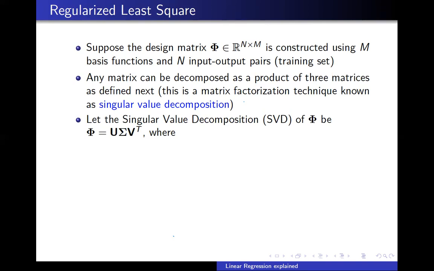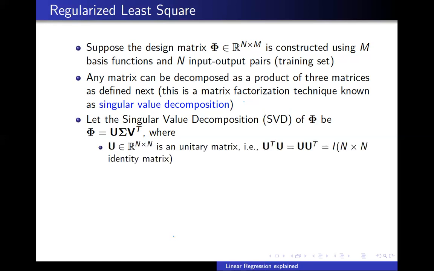So any matrix can be decomposed as a product of three matrices. This is called a matrix factorization, typically known as the singular value decomposition. So let the singular value decomposition of any matrix phi be U times sigma times V transpose. In this representation, U is an n by n unitary matrix, so that means if you take U transpose U, or U U transpose, that will give rise to an n by n identity matrix.